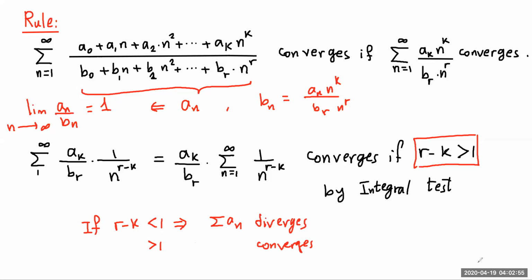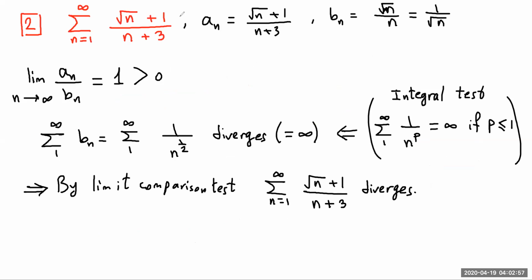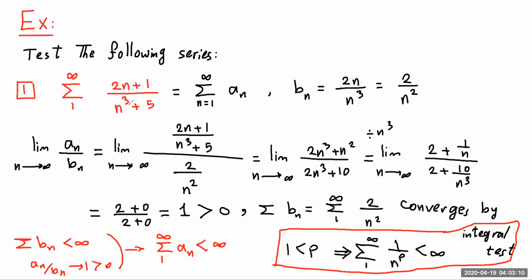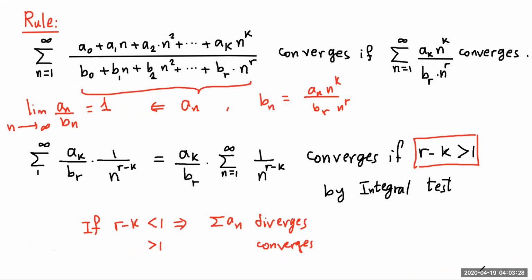So if we go back to this exercise, power 1 minus power a half, 1 minus a half, it's a half, less than 1, so divergence. In the previous exercise, I take here n power 3, n power 1, 3 minus 1 is 2, 2 is bigger than 1, so converges. Okay, like this we can answer any question in this form.